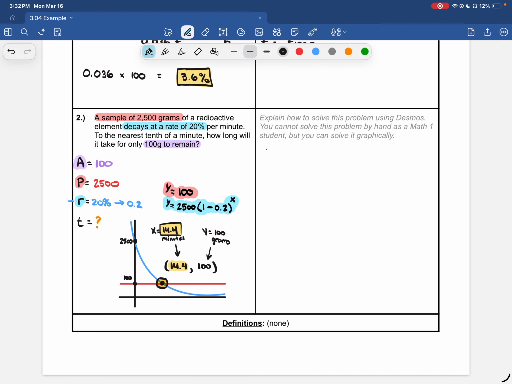So for now, what I would write over here is to set up the A equals P times 1 plus or minus R to the T power formula.